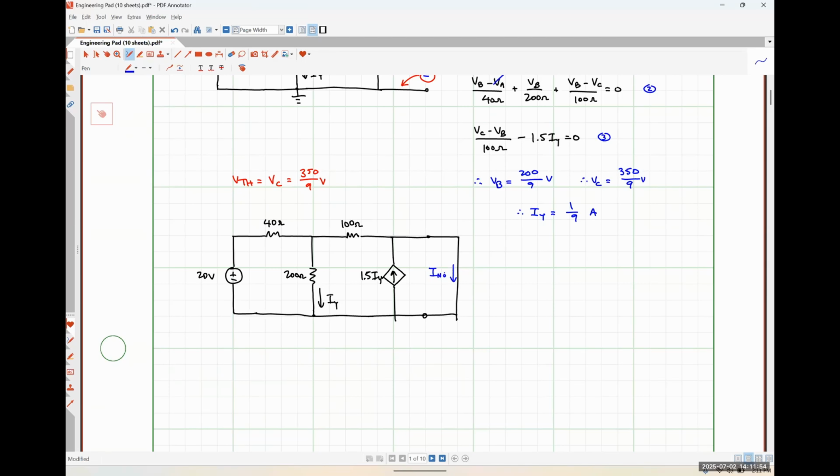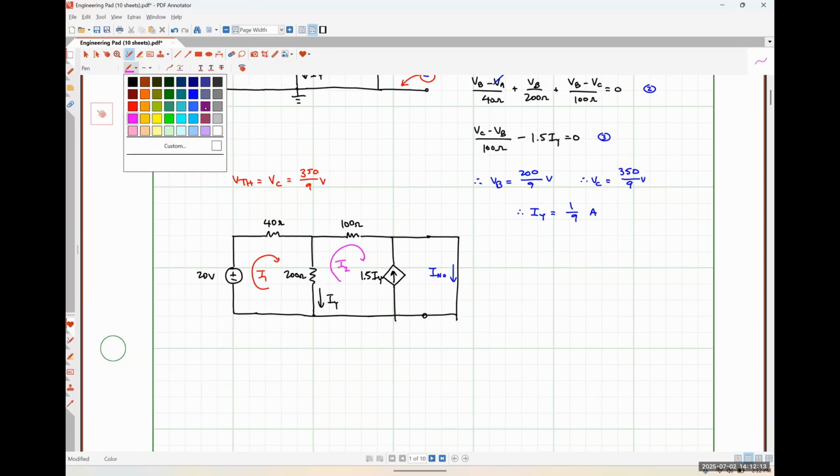So to solve for the Norton current here, I think the easiest way to do this is going to wind up being mesh analysis. So let's make this mesh 1, this guy mesh 2, and this guy mesh 3.